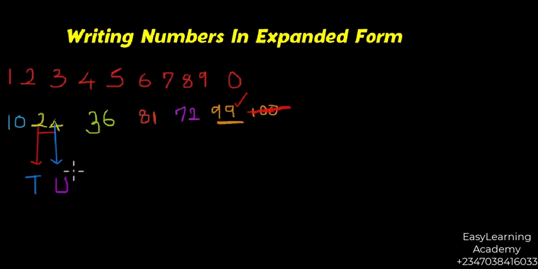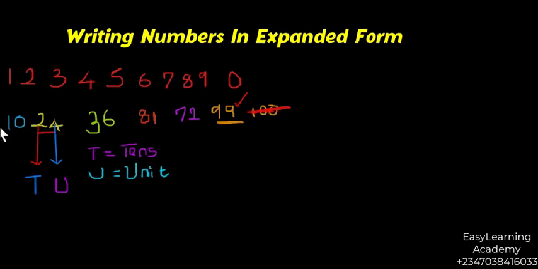The T here is called tens. Let's write it out: T, E, N, S. And the U is called the unit, U, N, I, T. Unit could also be called ones place.